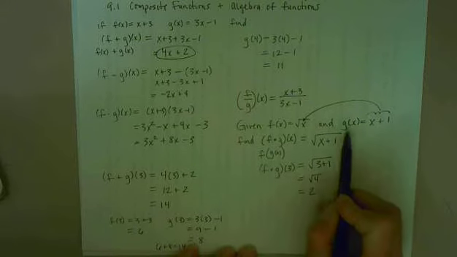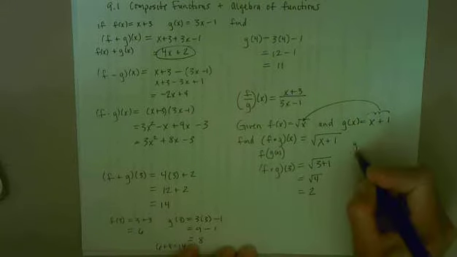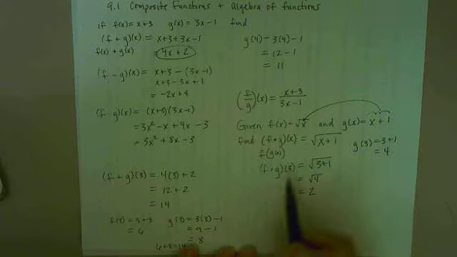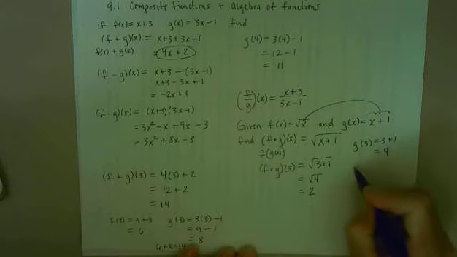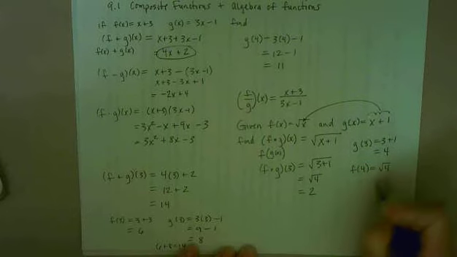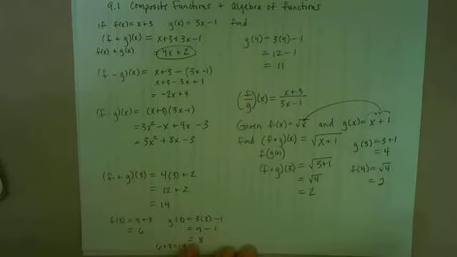So I'm going to go over here to function g and plug 3 in. So g of 3 is 3 plus 1, which is 4. And then I'm going to plug that into f. So I take 4 and plug it into f. So f of 4 is the square root of 4, which is 2. So you have both of those methods, which are good methods.